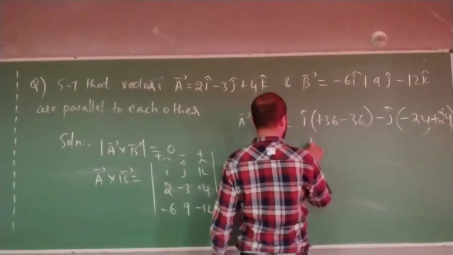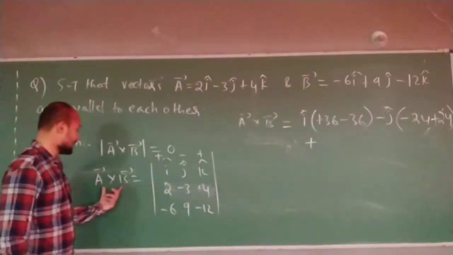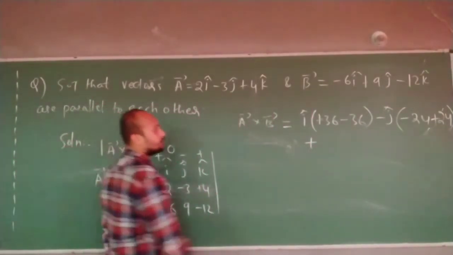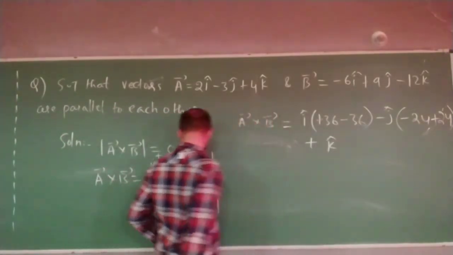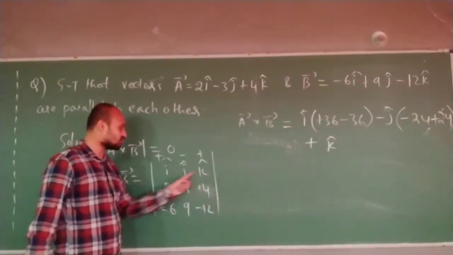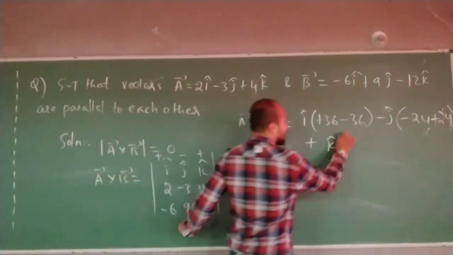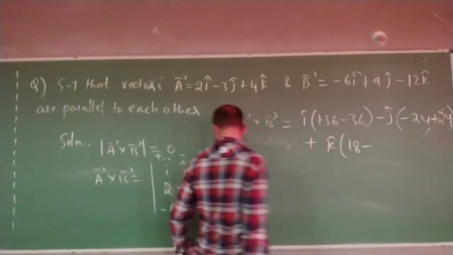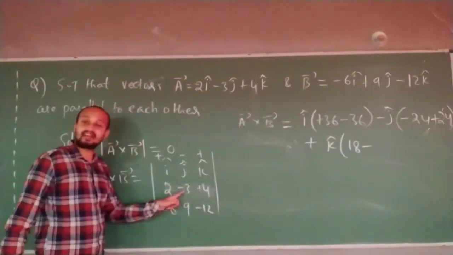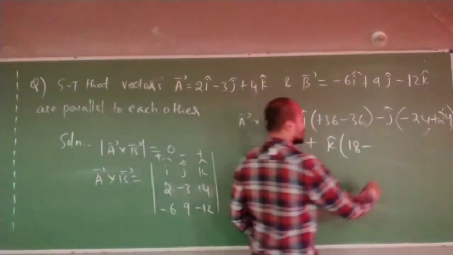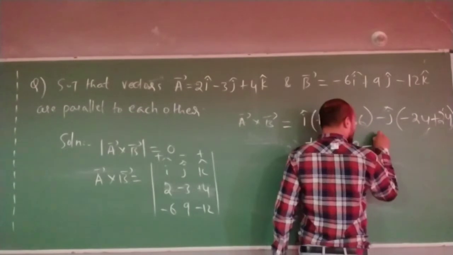Then again plus k cap into. Forget about this row, this column. 2 into 9 is 18, minus 6 into minus 3. Minus 6 into minus 3 is plus 18.